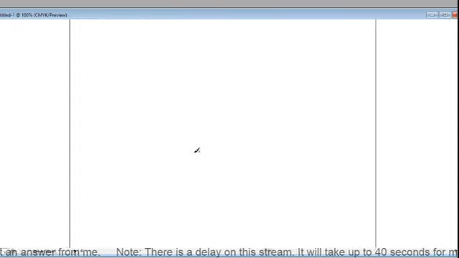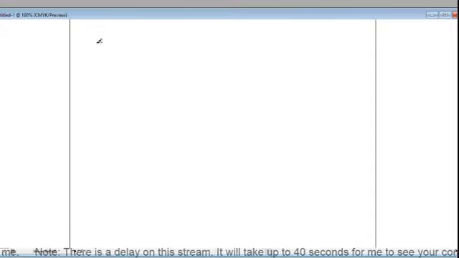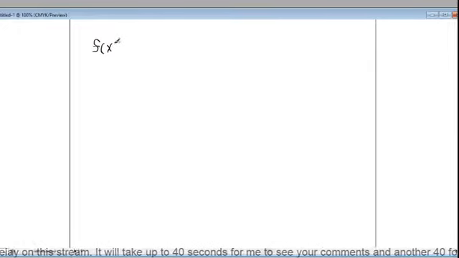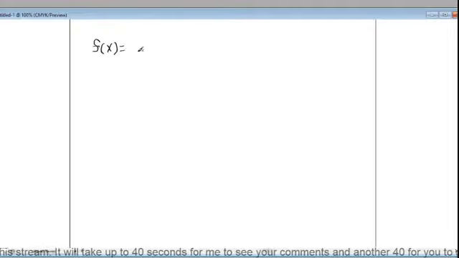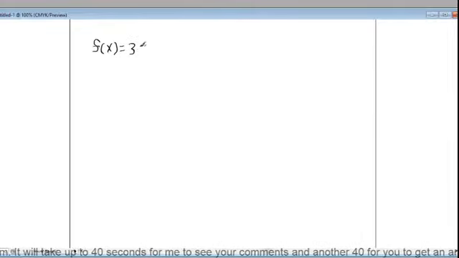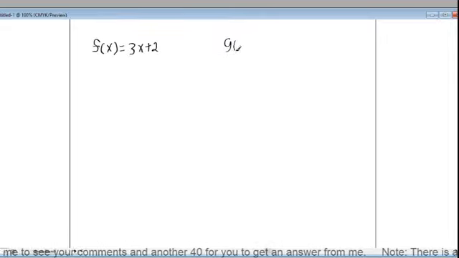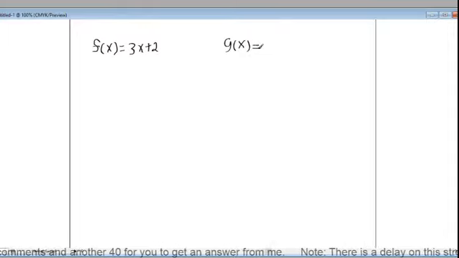Let's try another one of these. Slightly more complicated. Let's try f of x equals 3x plus 2, and g of x equals, let's say, x plus 7.